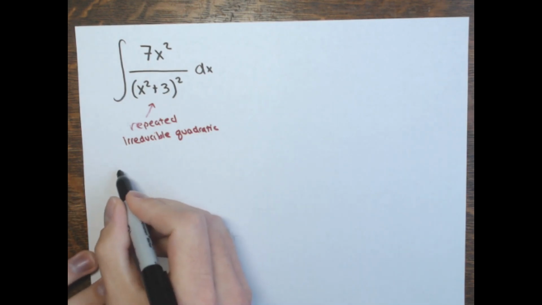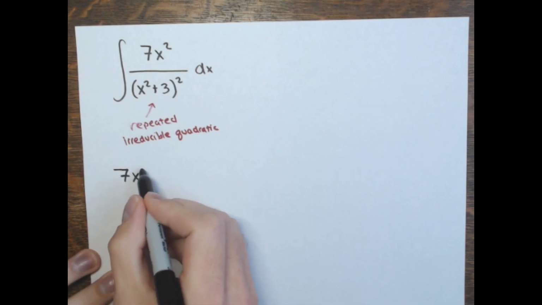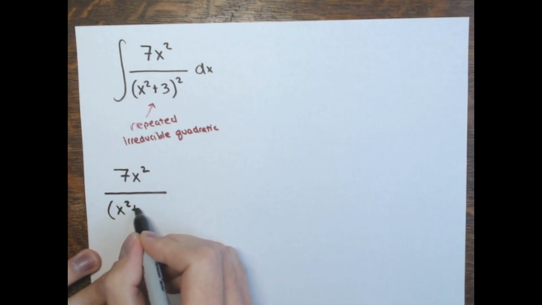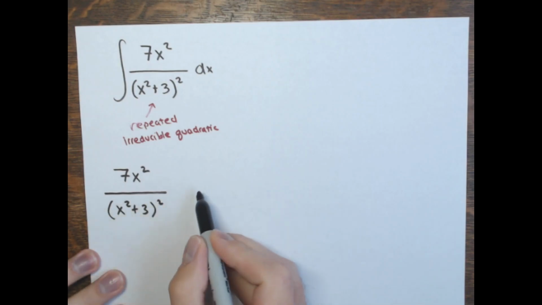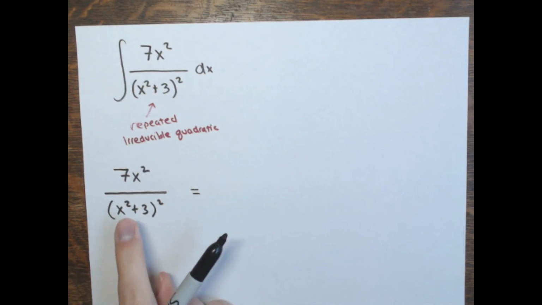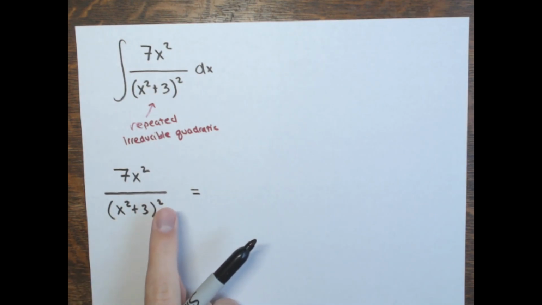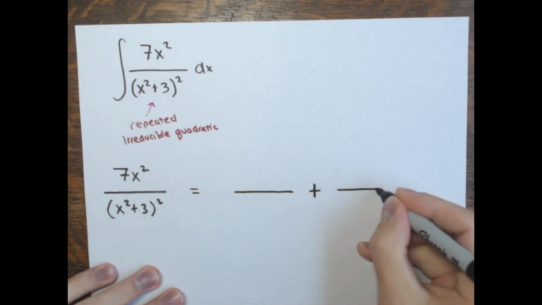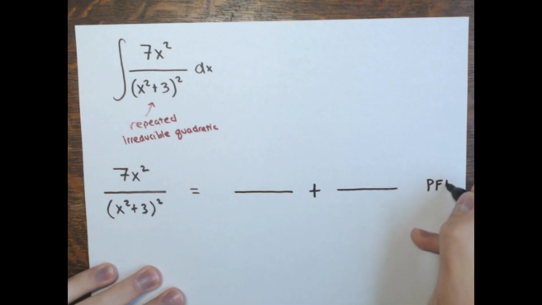So when I'm doing the partial fraction decomposition, the PFD, here's our initial fraction. The denominator is already factored completely. Now it's got two factors technically, right? There's x squared plus 3 times x squared plus 3 again. So I should have two fractions in my PFD.